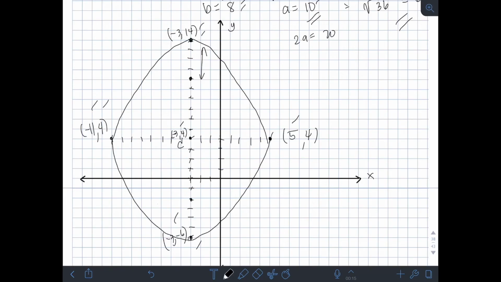So, anong coordinate natin ng focus 1? Ito siya. Negative 3, so 4 plus 6 is 10, right? And then dito sa baba, negative 3, 4 minus 6 is negative 2. Okay, so therefore, the coordinates of the foci are negative 3, 10 and negative 3, negative 2. Okay? So, ito na yung graph ng ating ellipse.